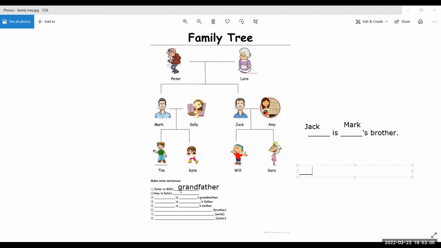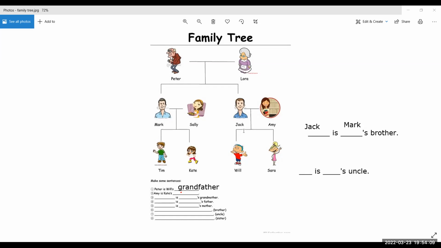What about uncle? So same thing, blank is blank's uncle. Okay, but look at the family tree.